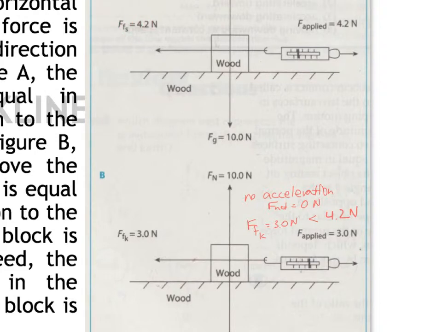Static friction is always higher than the kinetic friction, as long as it's wood on wood and the surfaces are similar. Also, I was going to just point out that you have no acceleration in both cases. It's just that this one is not moving, and this one is moving, but it's at constant speed.